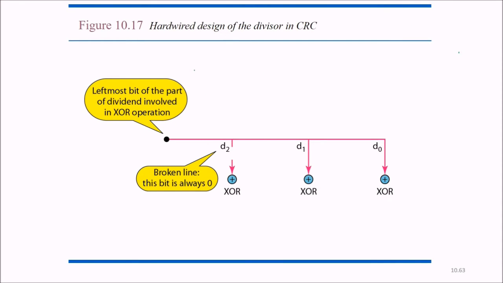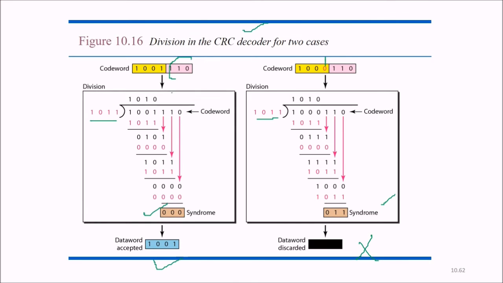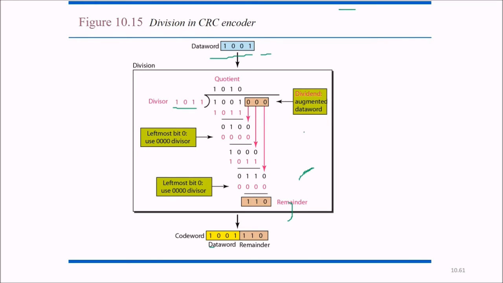This is the hardware design of the divisor in the CRC. Sorry. This is the leftmost bit of the part of dividend involved in the XOR operation. We are talking about the leftmost bit, this one. Okay. This is the leftmost bit. So we are talking about these bits which are the leftmost.